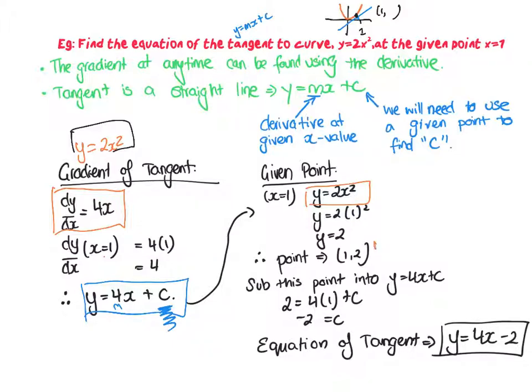That means I can use this point to help me find c. Using that point, remember that's an x and that's a y, so I write 2 equals 4 times the x, which is 1, plus c. I'll rearrange that and I've got the c. So now we've found the whole equation for the tangent.